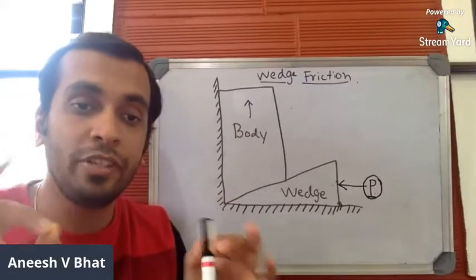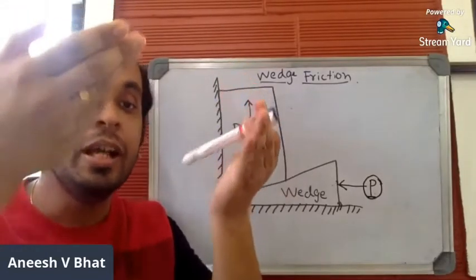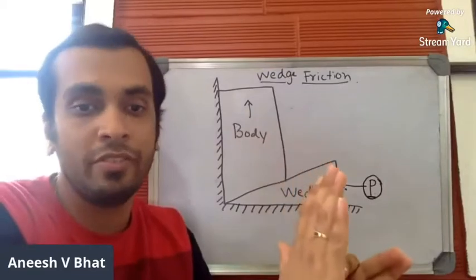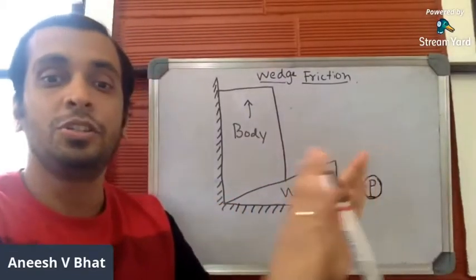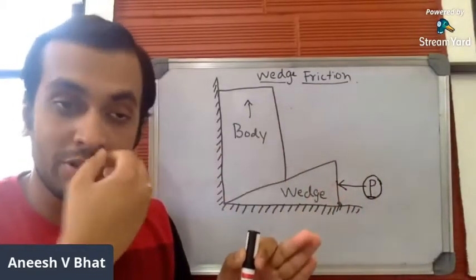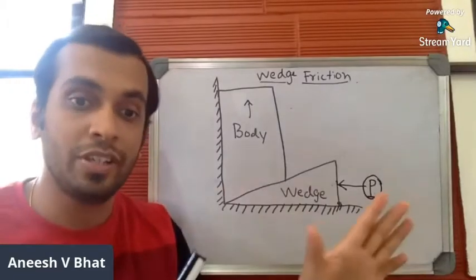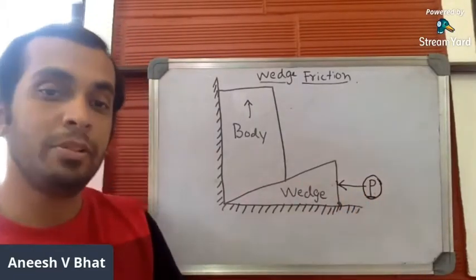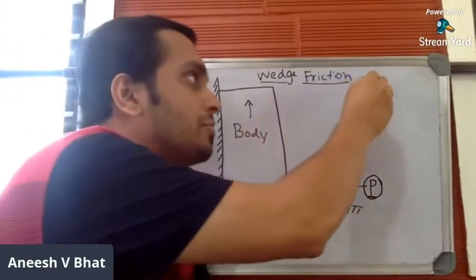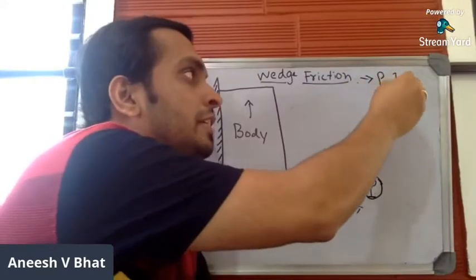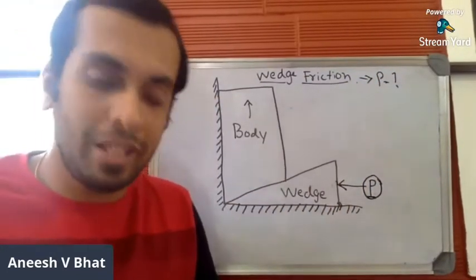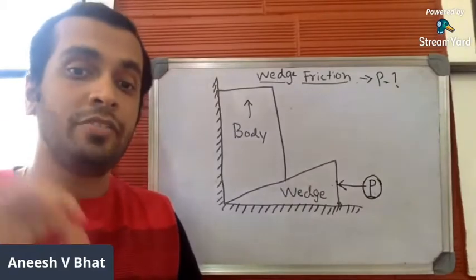The main application of the wedge is to lift the body upwards by applying some horizontal external force to push the wedge, and you're supposed to find that particular force P in all the problems. So you'll be finding the external force P in all the problems related to wedge friction.